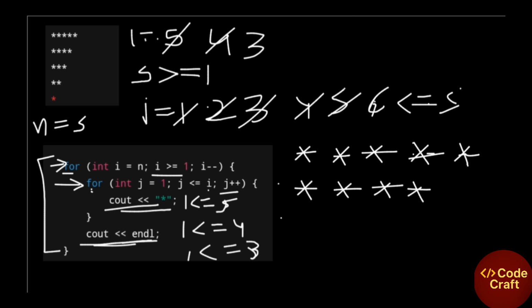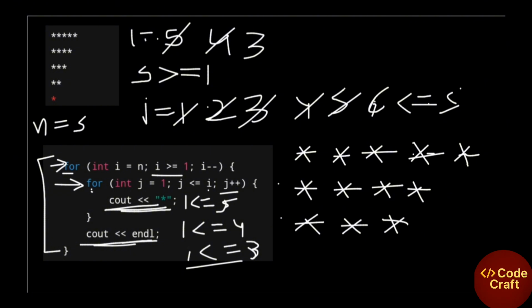j is equal to 1, then 1 is less than or equal to 4, and we have one star. j becomes 2, we have one more star, and then a third star and a fourth star. After this j becomes 5, and 5 less than or equal to 4 is false. Then the inner loop ends and the compiler comes out of it, and we have one more row.